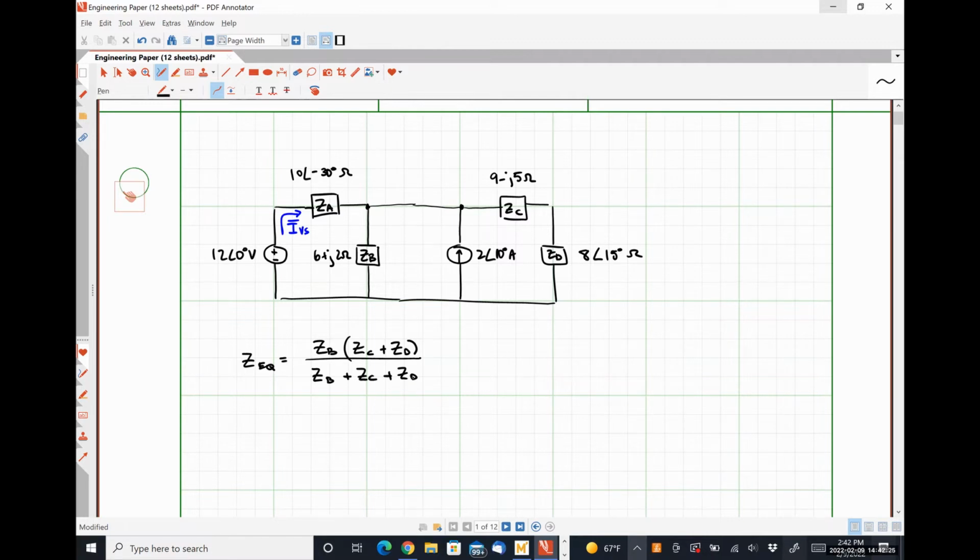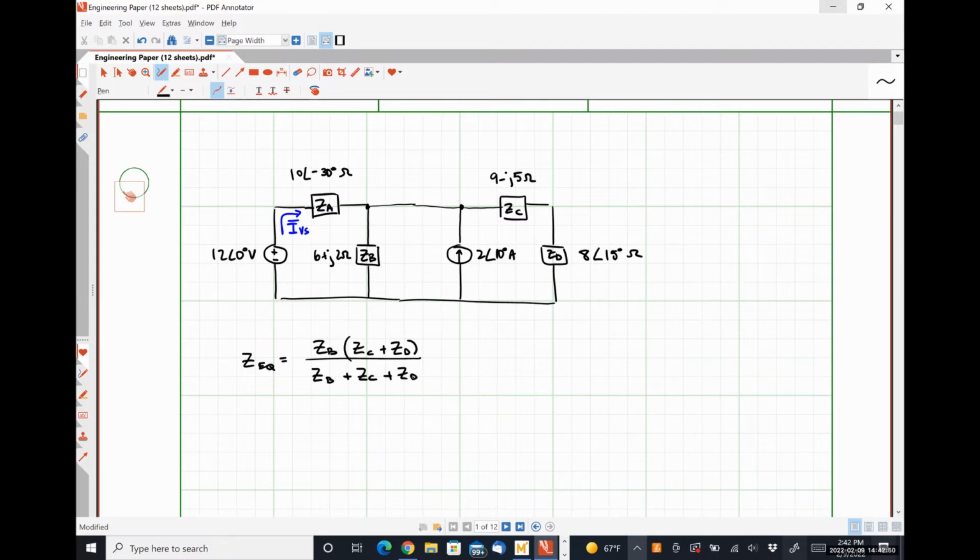That equivalent impedance, let's see, so we have (6 plus j2) times (9 minus j5 plus 8 angle 15). Excuse me.